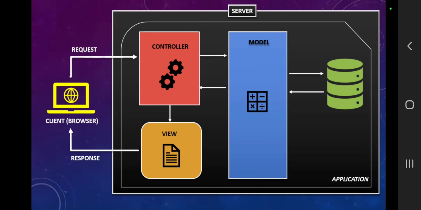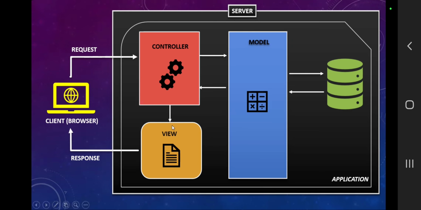Then the data is transferred between the backend and the front end with the help of HTTP calls: HTTP post request, get request, put request, or delete request, whatever it is. The data is transferred in JSON format.